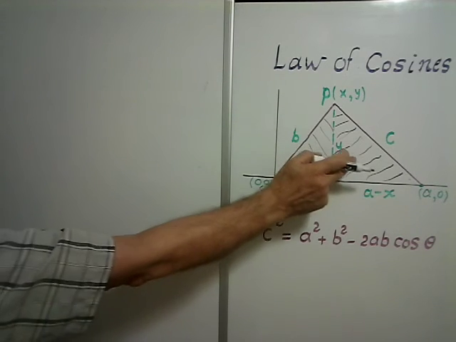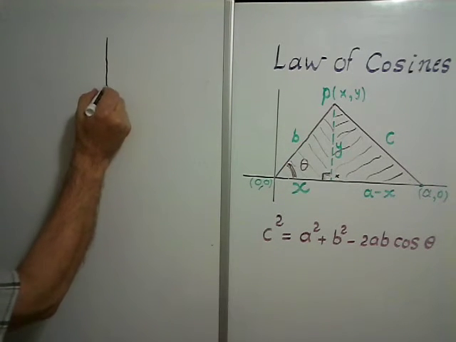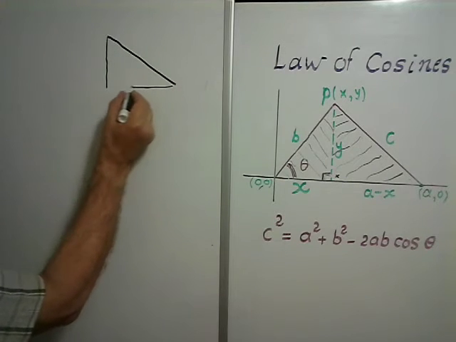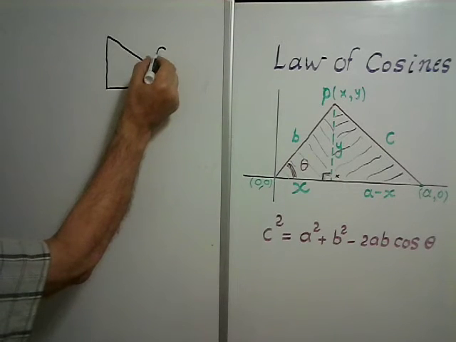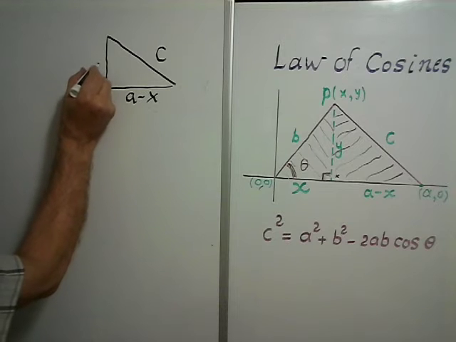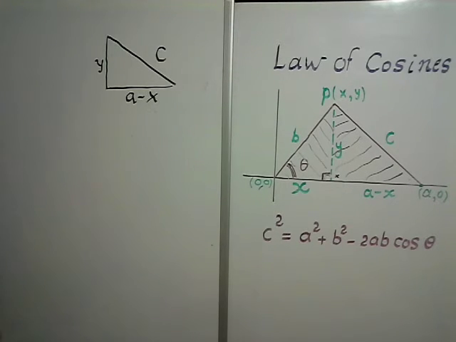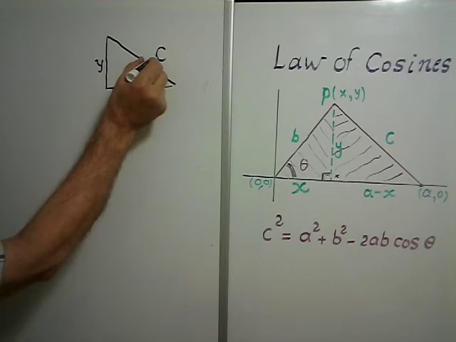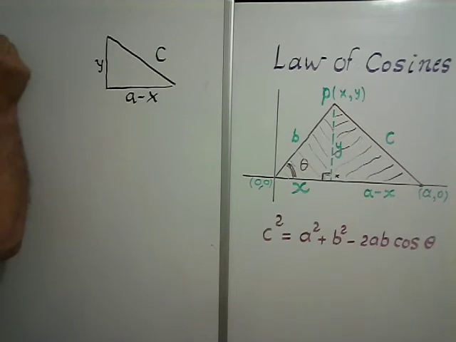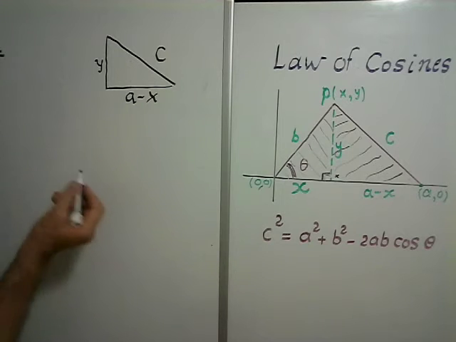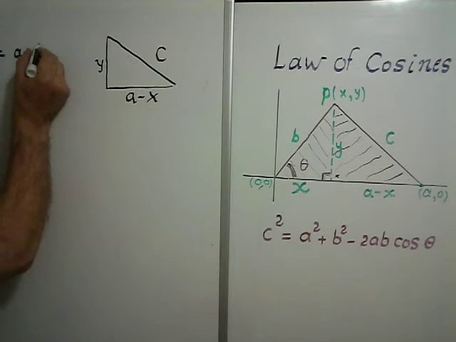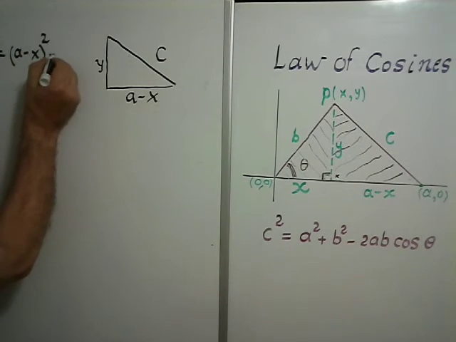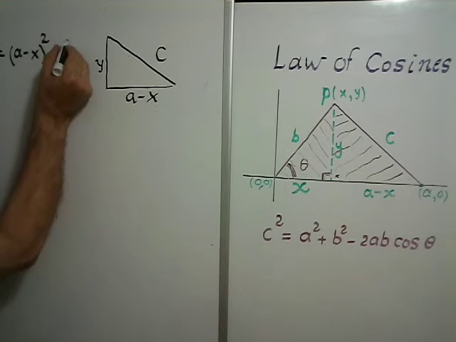Applying Pythagorean theorem to this triangle, which can be drawn here, here A minus x, here is C, the hypotenuse, and this is Y. So we can consider C squared, according to Pythagorean theorem, is equal y squared plus A minus x squared, or A minus x squared plus y squared. This is Pythagorean theorem.